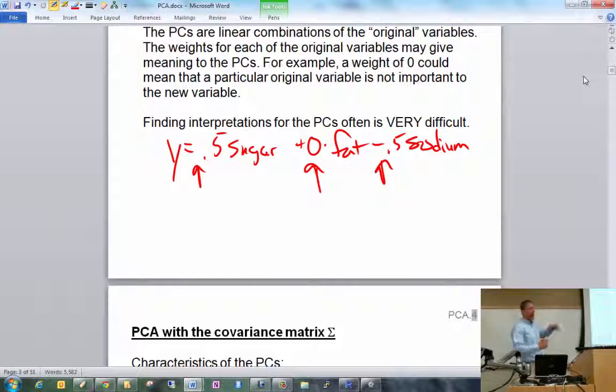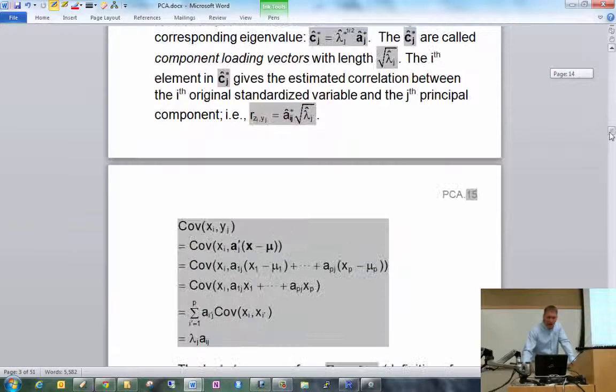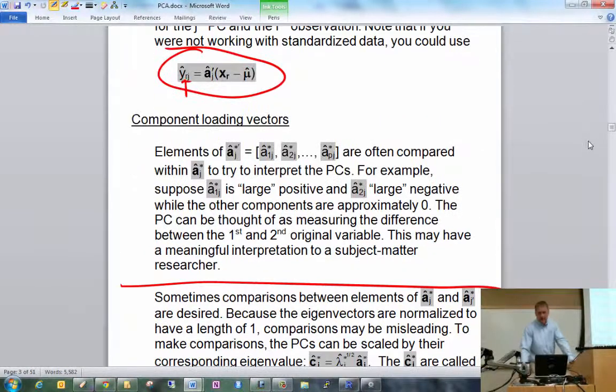So we're going to be very interested in looking at these values, which correspond to our A hat star values, and using those to help interpret what these principal components represent. That's the purpose of what I'm talking about here. Maybe I'm reiterating something I already mentioned, but that's what we're going to be looking at.